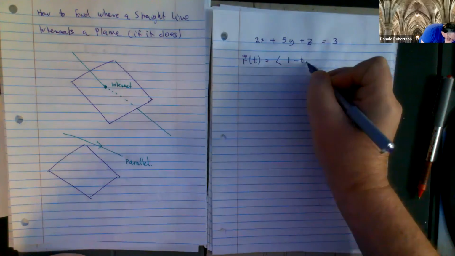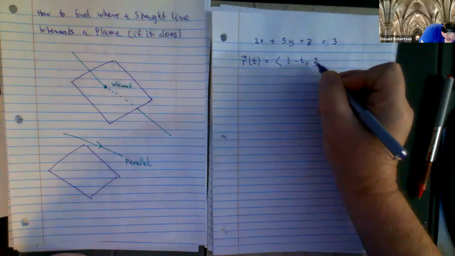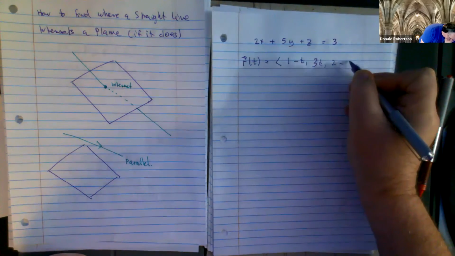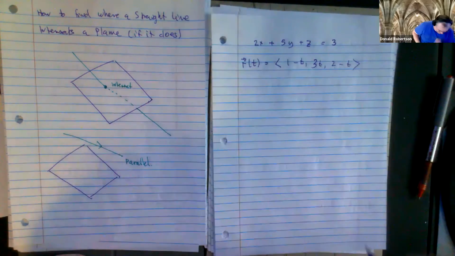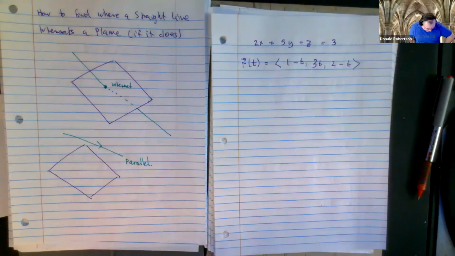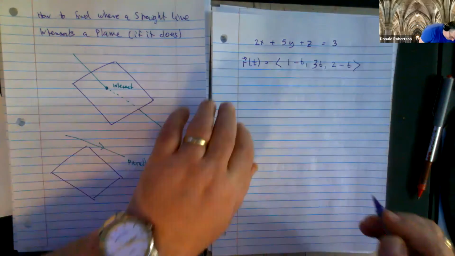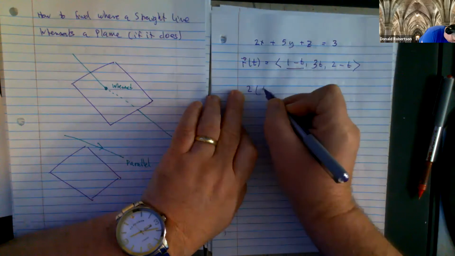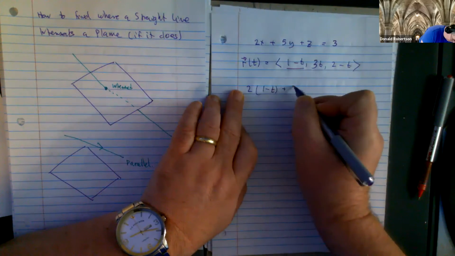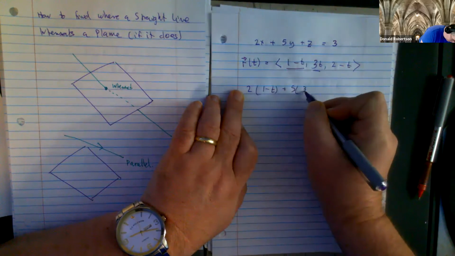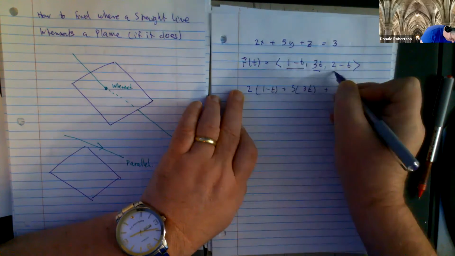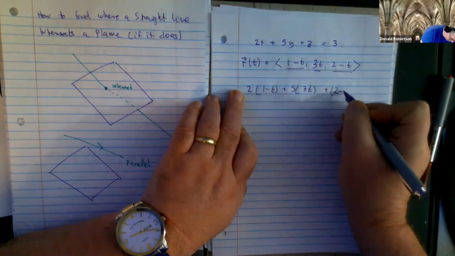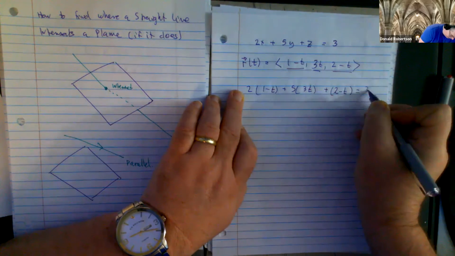1 take away t, 3t, 2 take away t. Right, that's pretty random. Let's see what we get. 2 lots of x plus 5 lots of y. Add a z. And the whole thing should be 3.